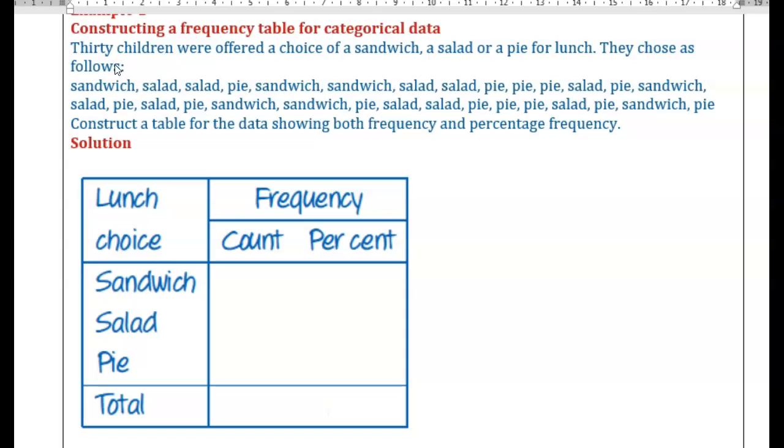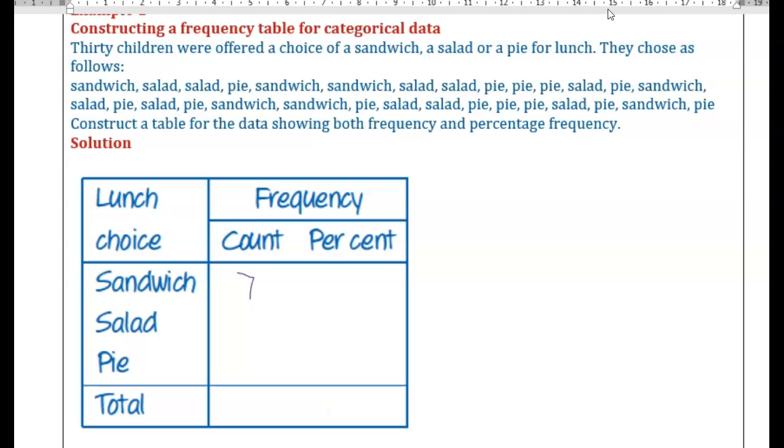I know we just counted it, but let's make sure I counted correctly. 1, 2, 3, 4, 5, 6, 7. Salad, we've got 1, 2, 3, 4, 5, 6, 7, 8, 9, 10.